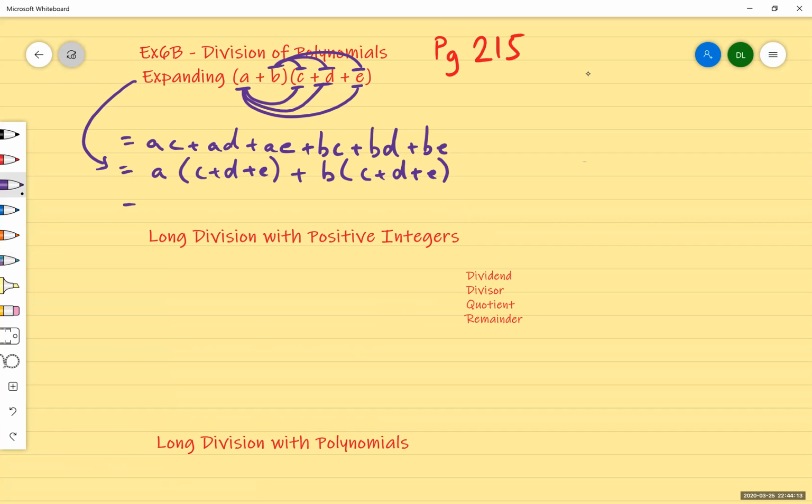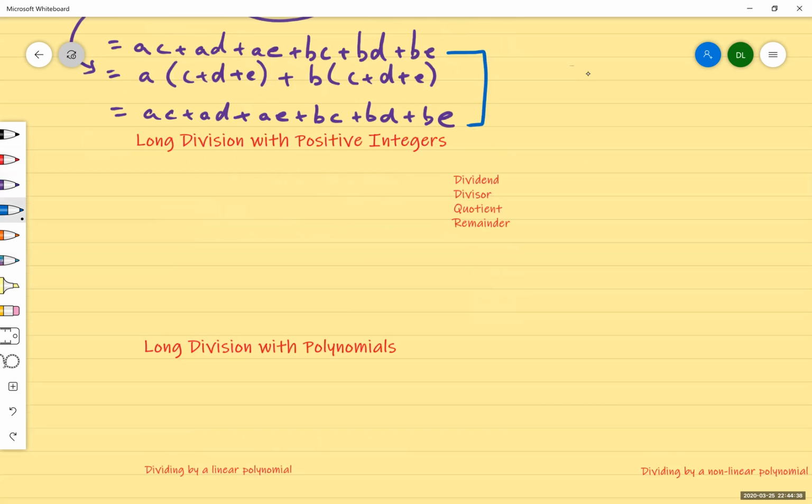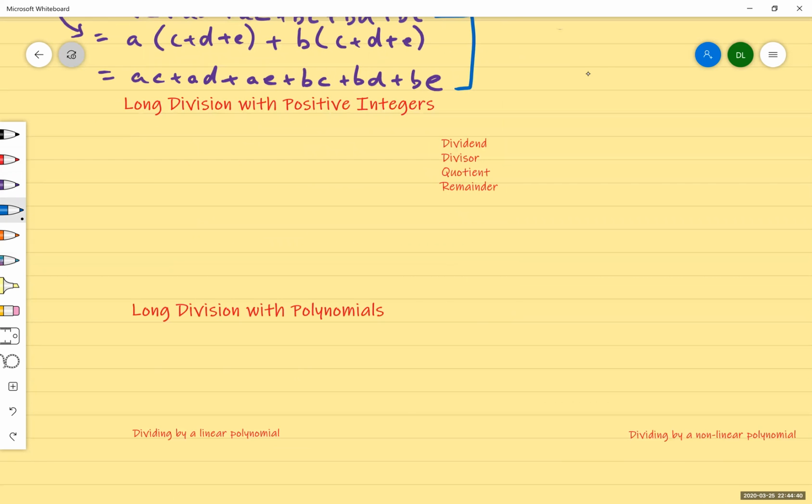Now, if I was to expand that, I get ac plus ad plus ae, and then I expand the b part, I get bc plus bd plus be. Lovely. And you can see that these two equations are the same thing. You get the same answer. So we can continue to do this for as many terms as we'd like when expanding such polynomials. Now let's move on to long division with positive integers.